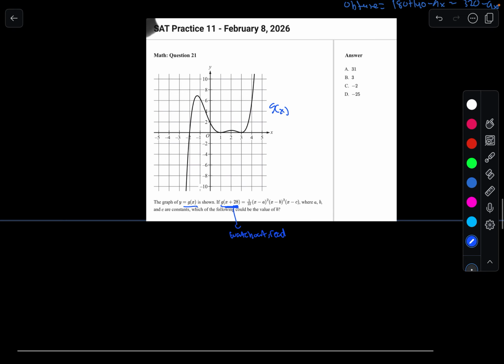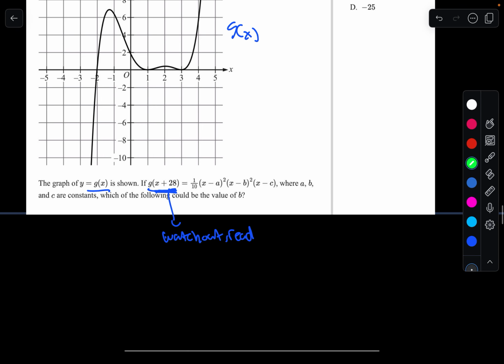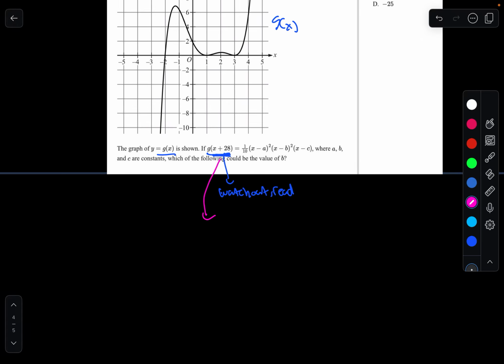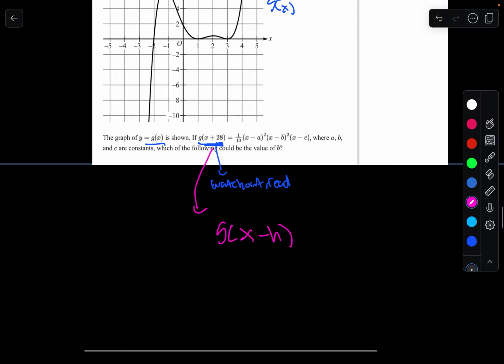All right. But what does this mean exactly? We know that transformations go like this. For this case, this is just a horizontal translation. So translations go like this: g of x minus h. This is the horizontal translation.